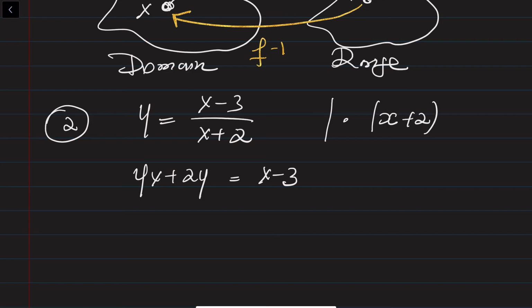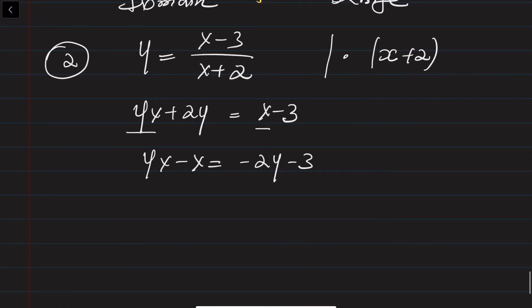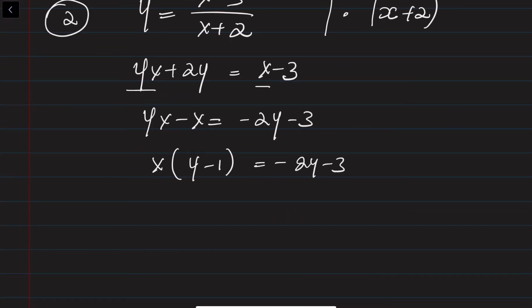Now what I have to do is express this in terms of x, right? So I'm going to put the x's on one side, y's on the other side. So yx minus x is equal to minus 2y minus 3. If you take out the x from the bracket, it's going to be y minus 1 times x is equal to minus 2y minus 3.